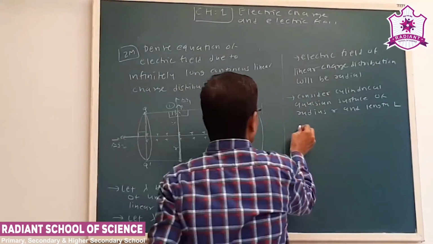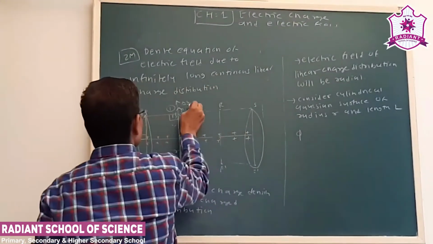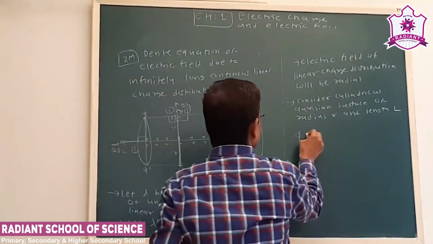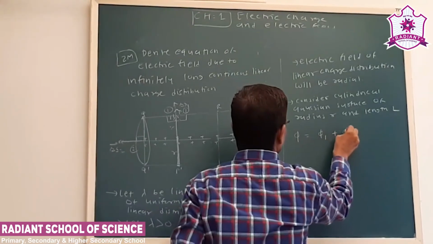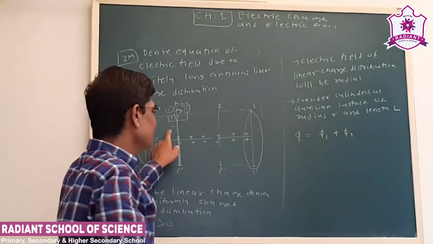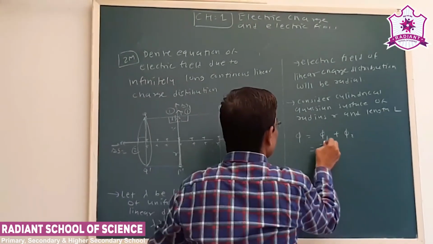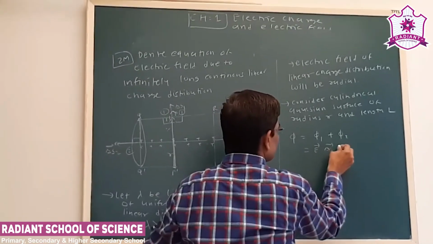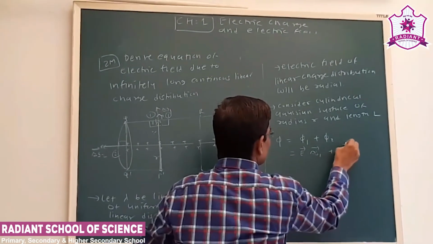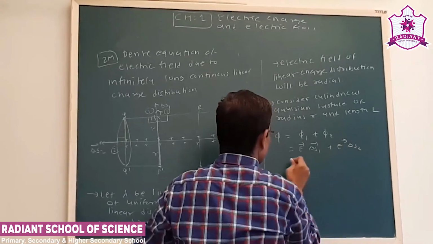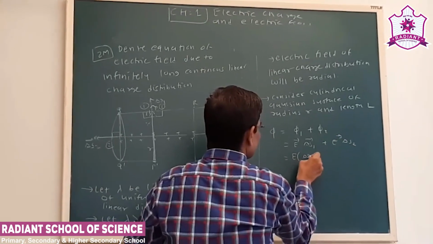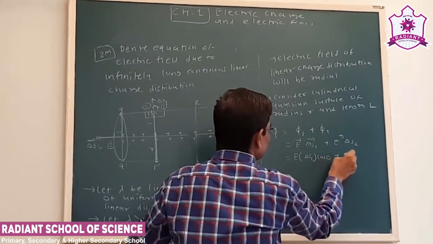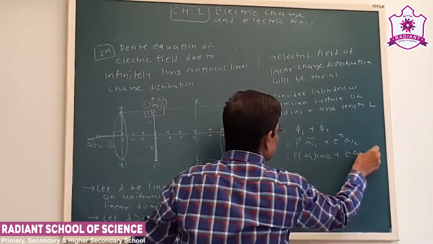So the total flux, we can say 1 and 2, that is phi 1 plus phi 2. Now it will be E into delta S1 plus E into delta S2. Here it is E into delta S1 cos 0, plus E into delta S2 cos 90.